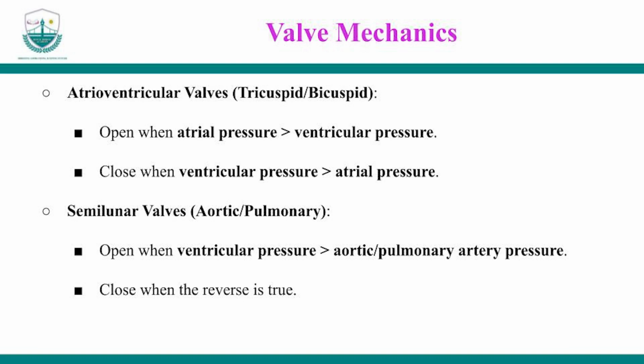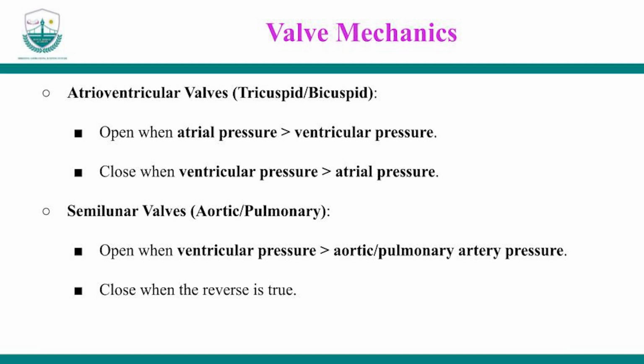So we have two types of valves between the atria and the ventricles. The one on the right hand side is the tricuspid valve, between the right atrium and the right ventricle. The bicuspid valve is between the left atrium and the left ventricle. And then we have other valves, the semilunar valves.